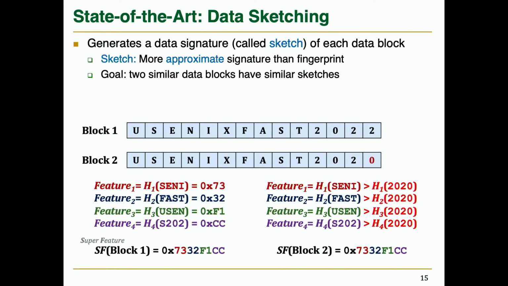For example, the state-of-the-art techniques, which we call a super-feature-based approach, can generate the same hash values for two data blocks that have a small difference from each other. This enables a quick identification of similar data blocks by comparing over the sketches of data blocks.